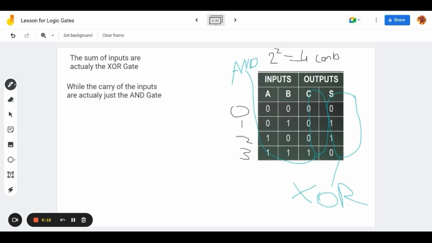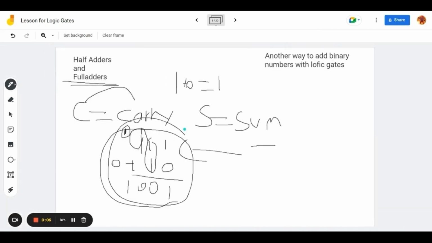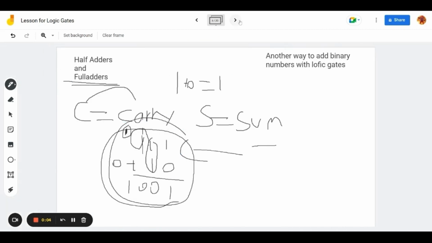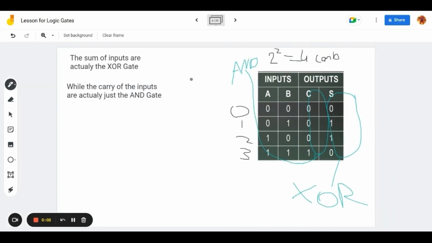We could use the AND gate and XOR gate in a way that, instead of manually adding the binary numbers together like this over here, we could just plug them into the XOR and AND gate, and through the logic gates do the addition, so we can get the value of the sum and the carry.